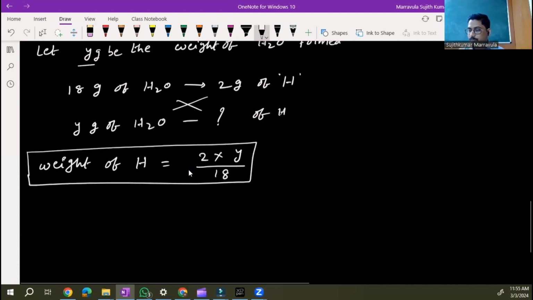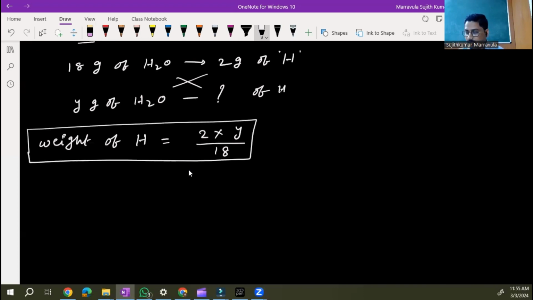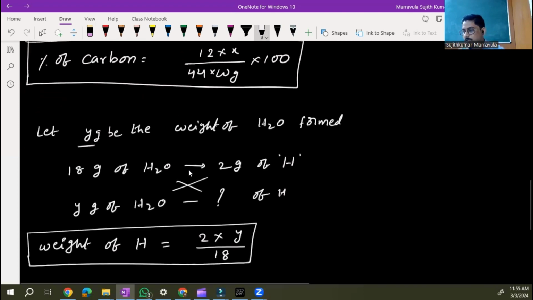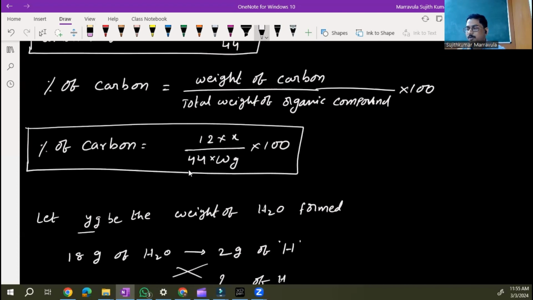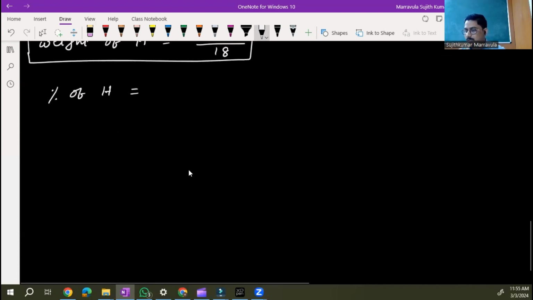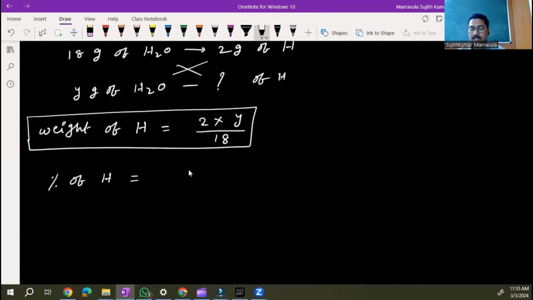Like that, we have to find out the percentage of hydrogen. Previously we did it for carbon: percent of carbon means weight of carbon by total weight of organic compound into 100. Like that, weight of hydrogen by total weight of the organic compound into 100. So 2 into Y divided by 18, the whole divided by W, into 100.